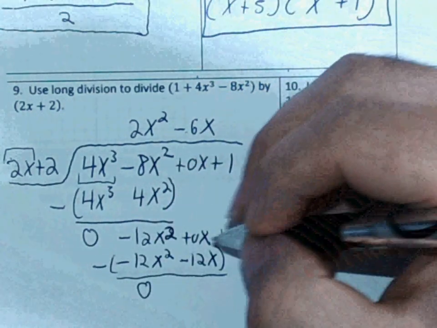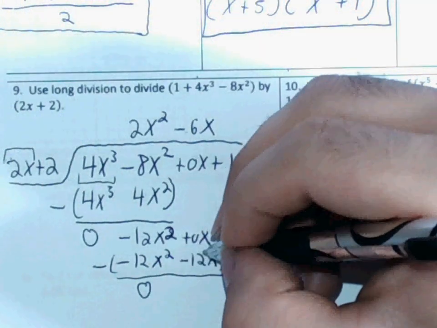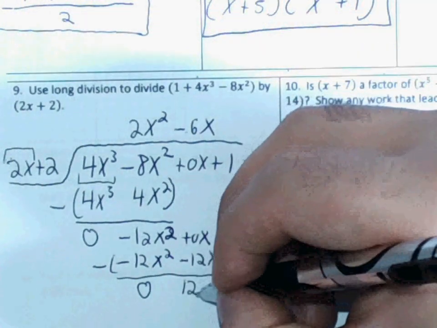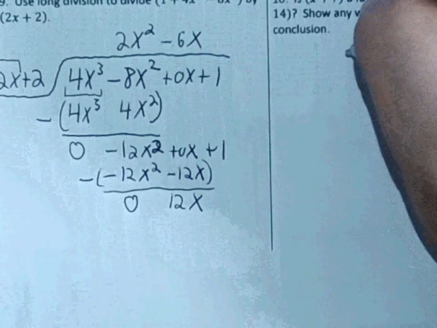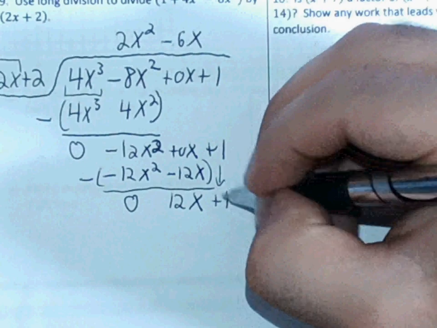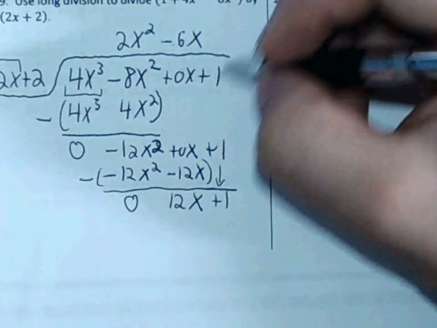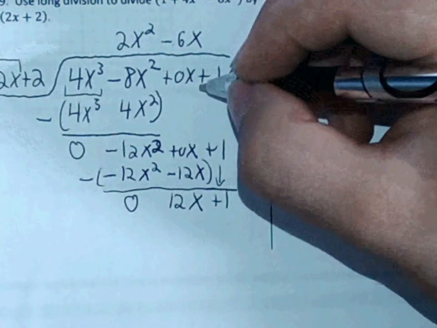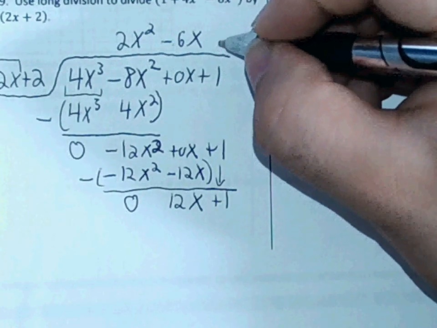And 0x minus negative 12x is just going to be 12x. And then I can bring down that 1. And lastly, to get rid of that 12x, I have to do 12x divided by 2x, which is going to be 6.